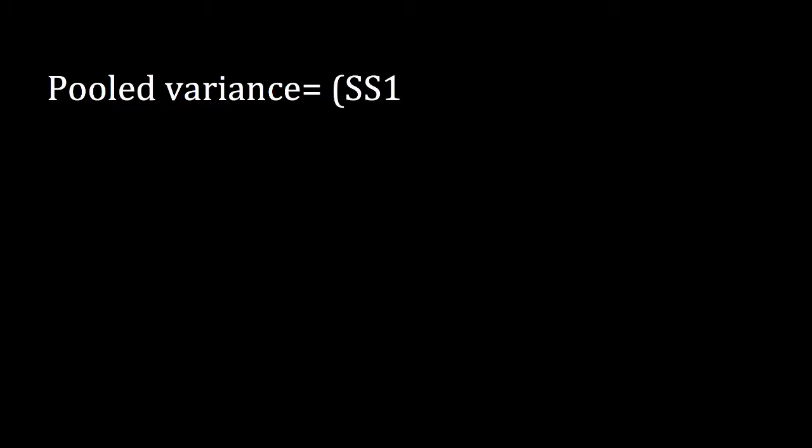So the pooled variance is equal to the sum of squares for group 1, and I'm going to just abbreviate that SS1, plus the sum of squares for group 2, divided by the degrees of freedom for group 1, plus the degrees of freedom for group 2.